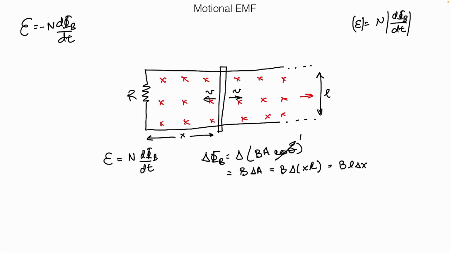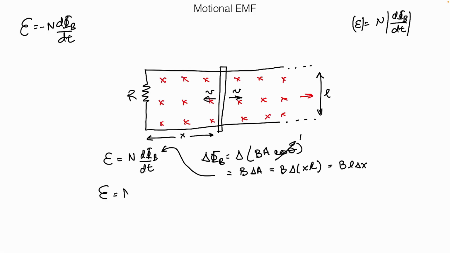I've got flux, and I've got to figure out how it's changing. This is what we were doing before. I've identified that the thing that's changing is the area, and really the thing that's changing about the area is this one dimension of it. We're changing its width, if you want to call it that. So all of this goes back into this statement.